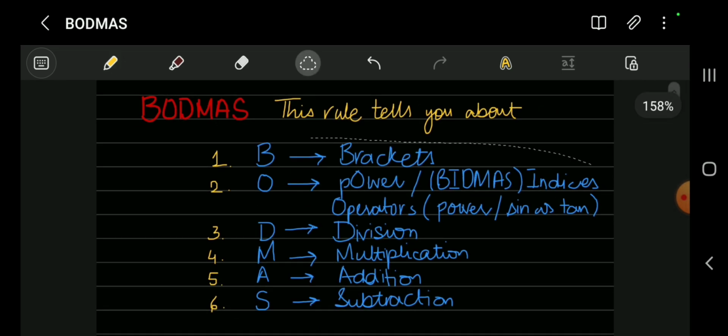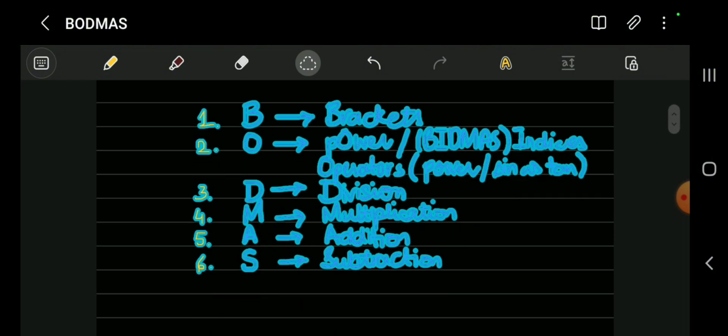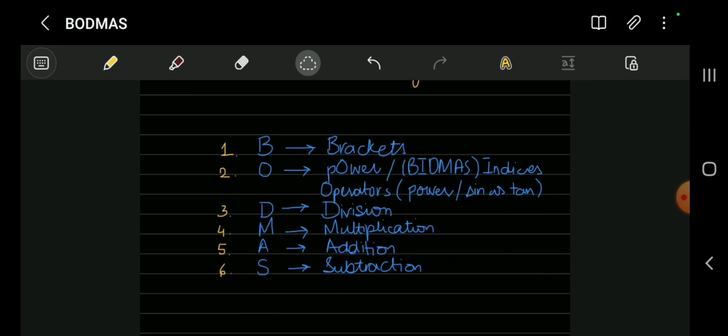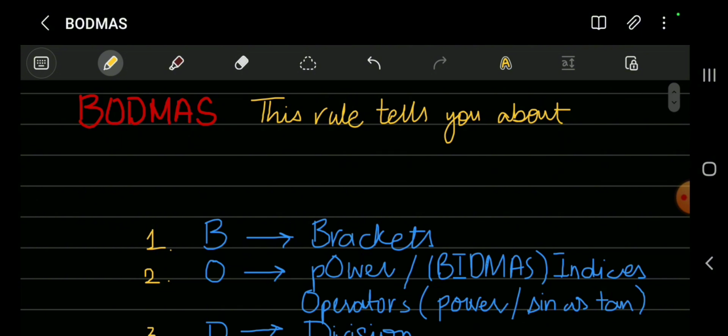Just give me 1 second, I need to write the definition.